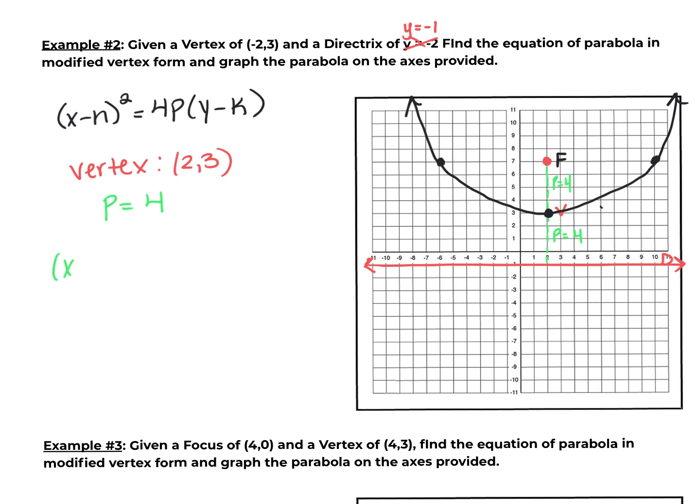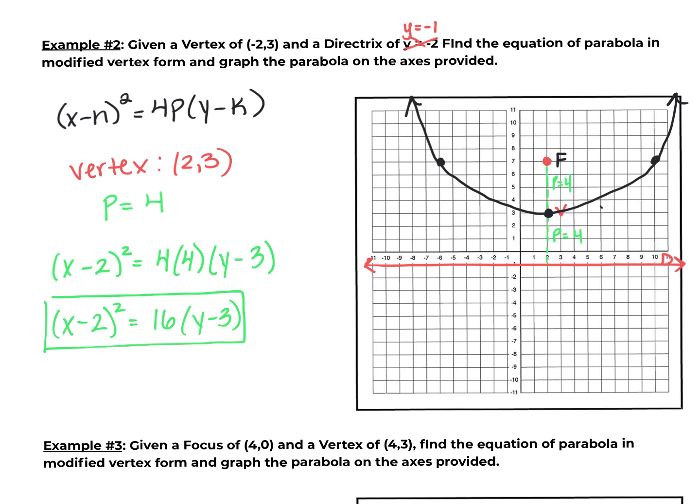We have x, whatever the vertex sign is, we're switching them. So since it's a positive 2 and a positive 3, they're going to go into the equation with minus signs. So x minus 2 squared, 4p is 4, and y minus 3. If we simplify, x minus 2 squared equals 16, y minus 3. And that is my equation.